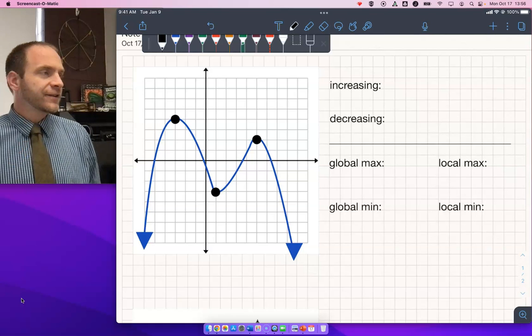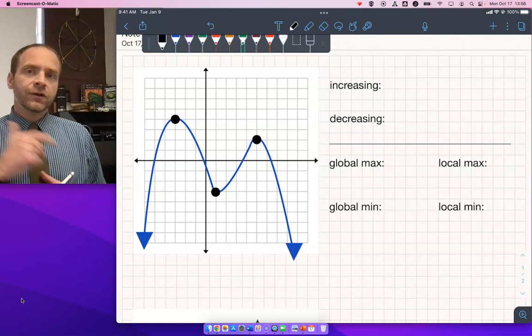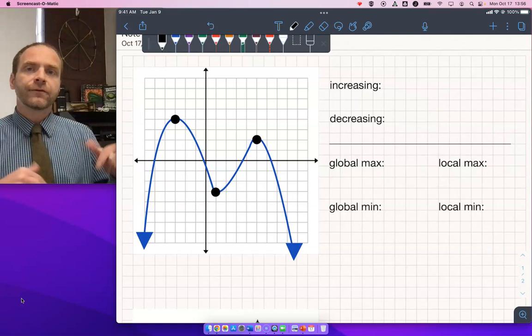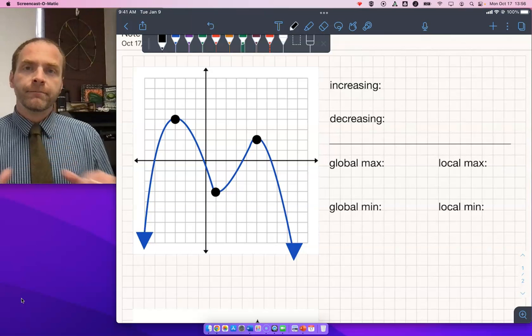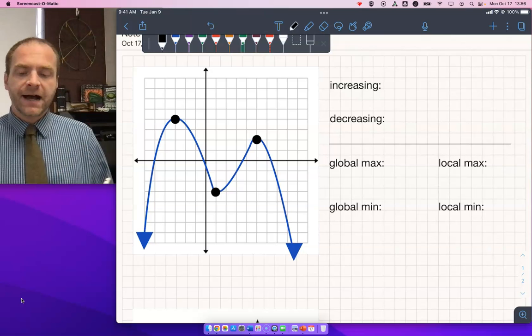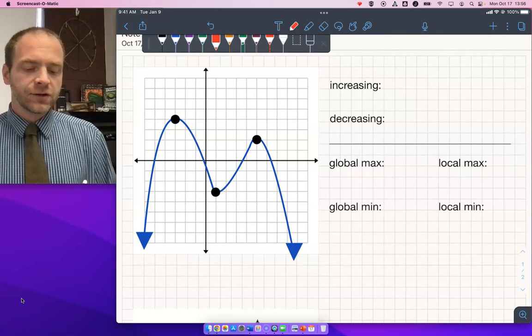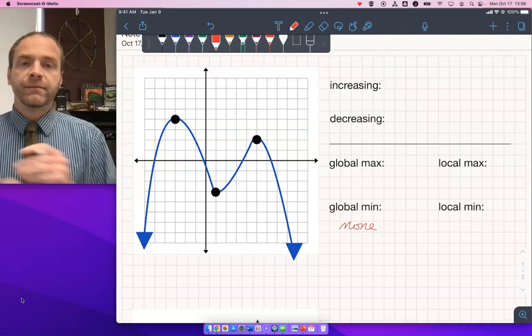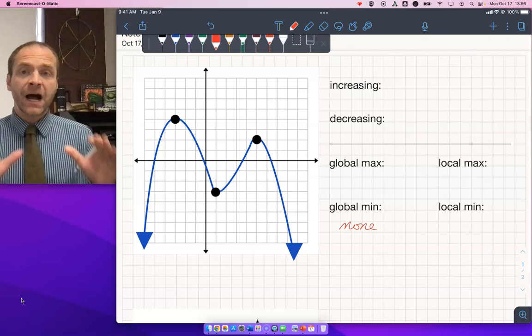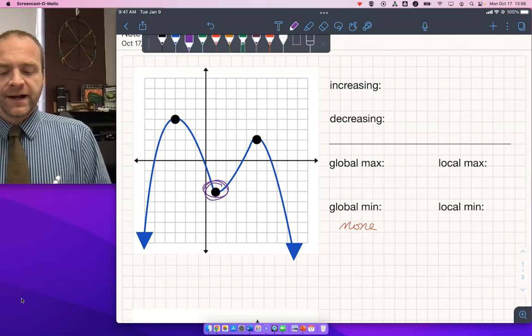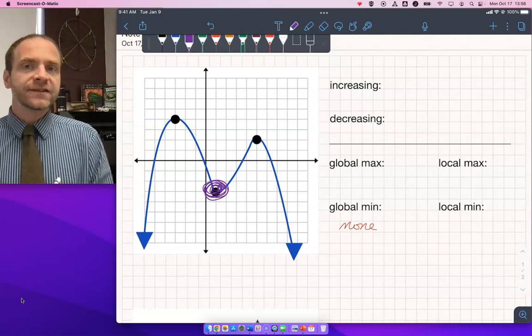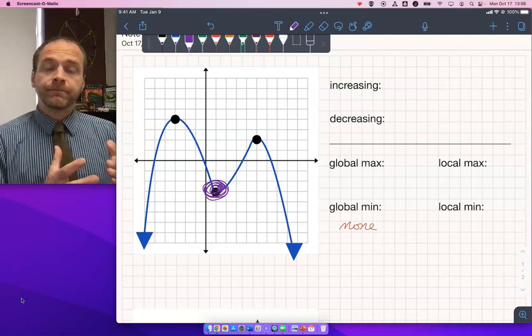So if I take a look at this graph, one thing that's really interesting is you have two arrows pointing down forever. That means there is no global minimum. It is going down forever, which means there is no global minimum, none. However, I do notice this point. I can see right here that this point is going to be a minimum.